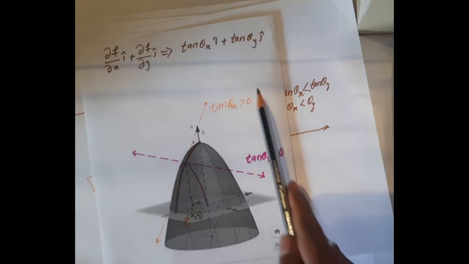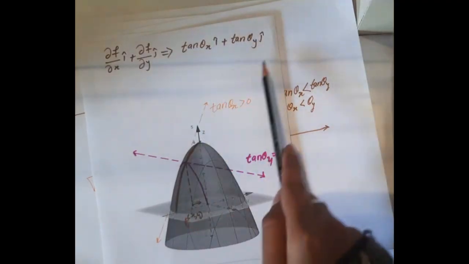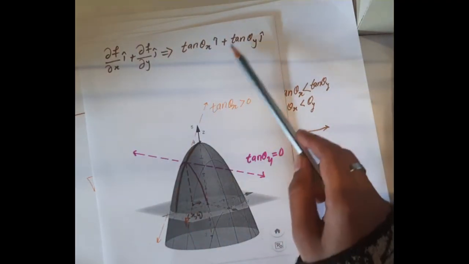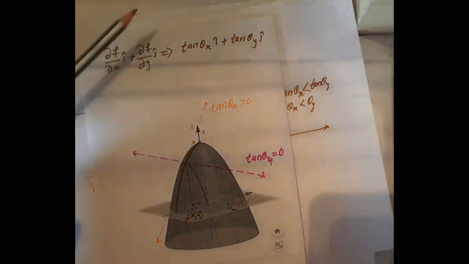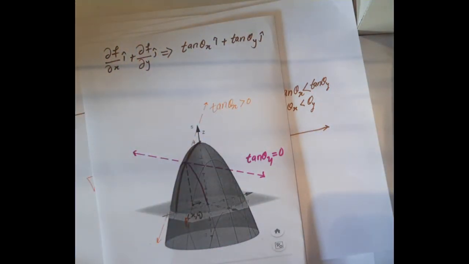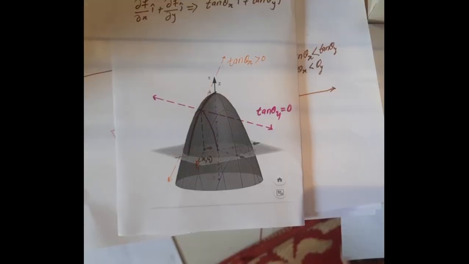Now we have a vector that has one component that's completely zero. What that means is that this vector is going to run parallel to the x-axis. So this is what we find here. This vector runs parallel to the x-axis and it goes straight towards the maxima. It points towards the maxima.